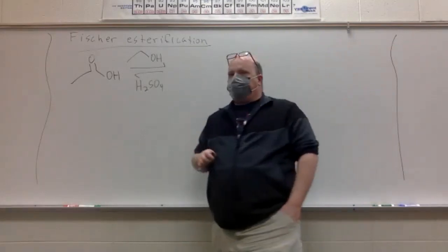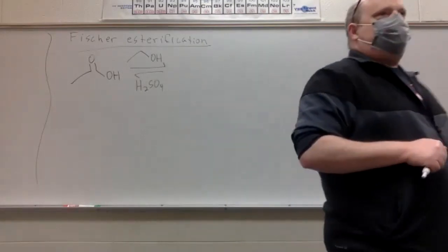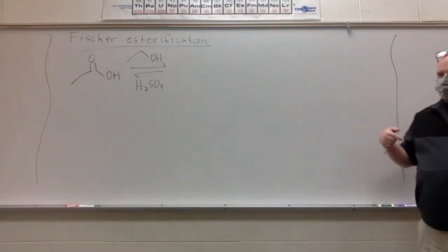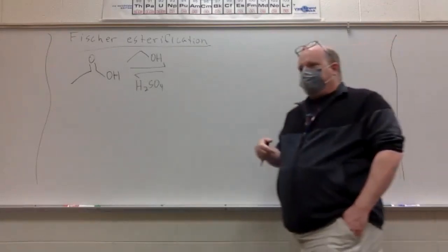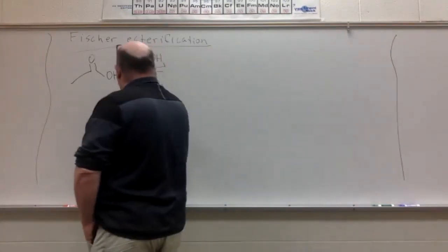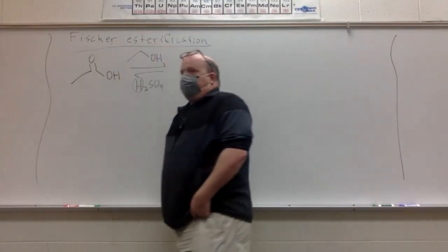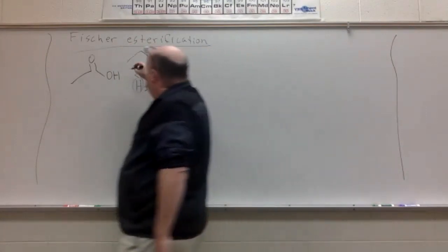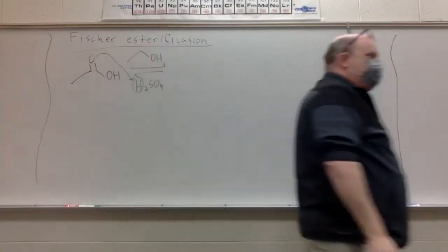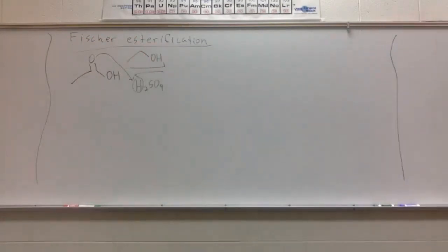Look at this. Any ideas how we're going to start things off, if we're looking for parallels? Same thing as before, right? Previously we saw the acid begin the reaction by protonating the carbonyl oxygen. Same thing happens here. And in fact, just like acetal formation, this one has two phases.